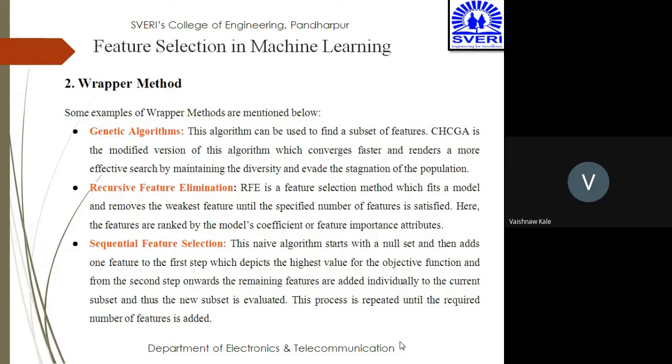From the second step onwards, the remaining features are added individually to the current subset, and then the new subset is evaluated. This process is repeated until the required number of features is added. This is called sequential feature selection. So these are some of the examples of the wrapper method.